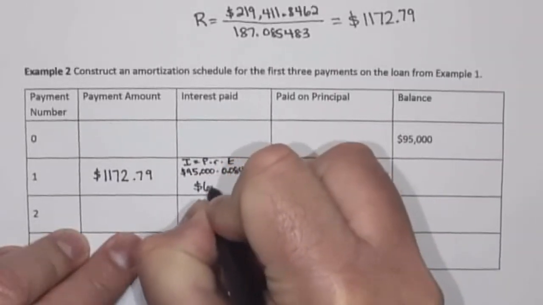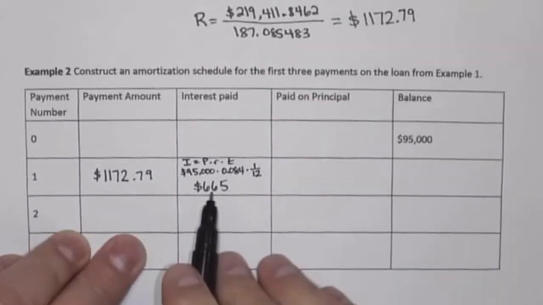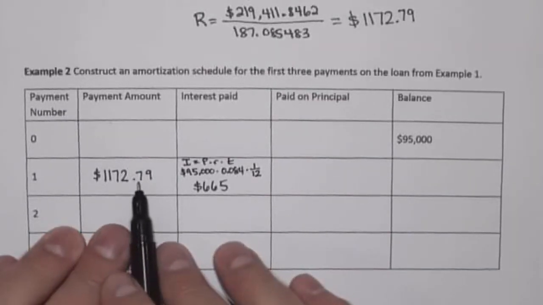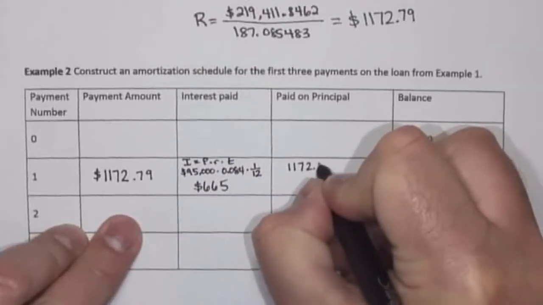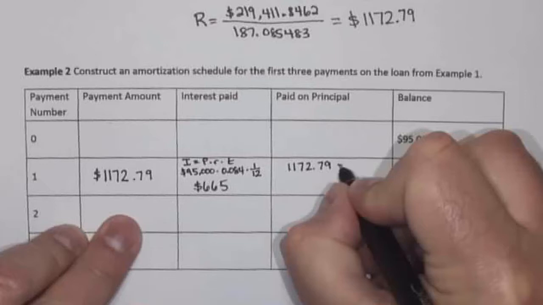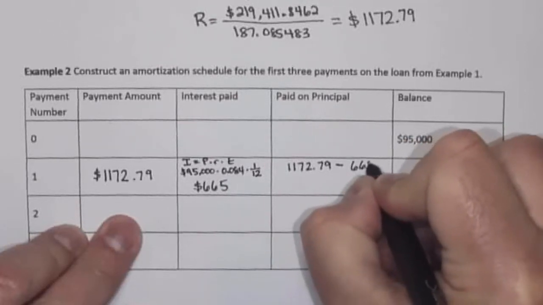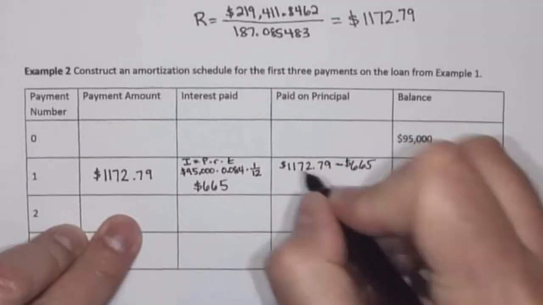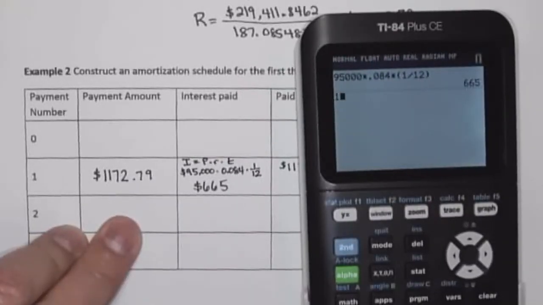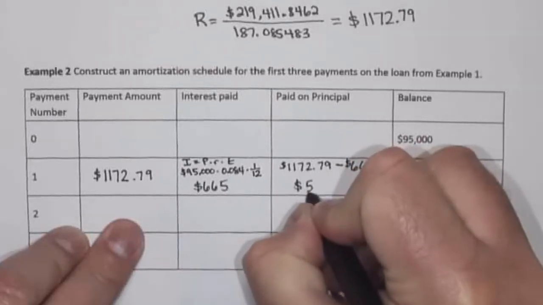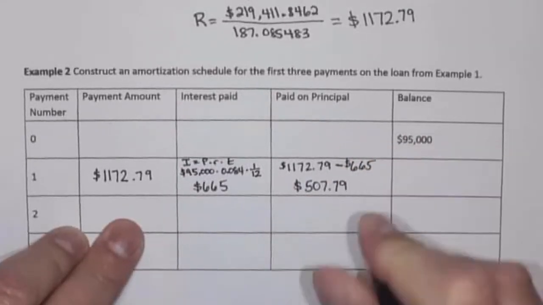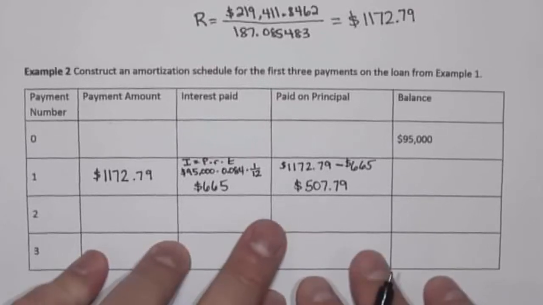So $665 is going to go towards interest. So that means if I take the $1,172.79 and subtract the $665 that's going towards the interest, $1,172.79 minus the $665, that is $507.79. That is going towards the principal.